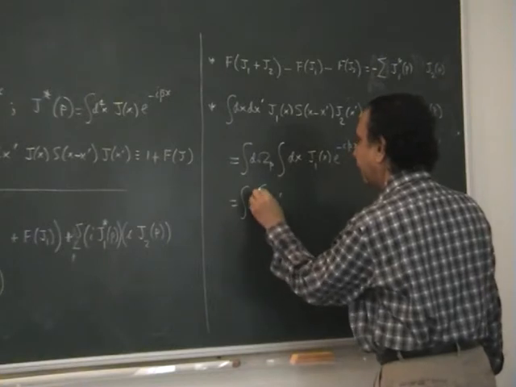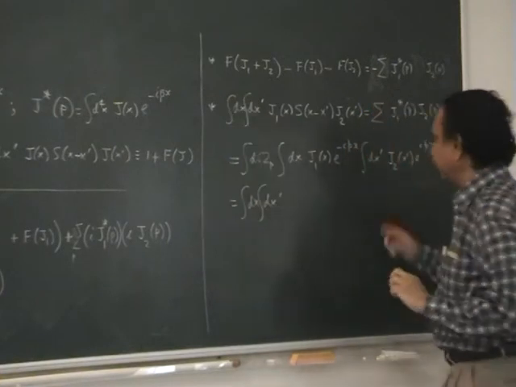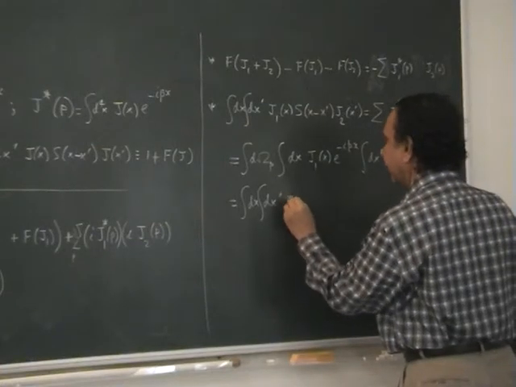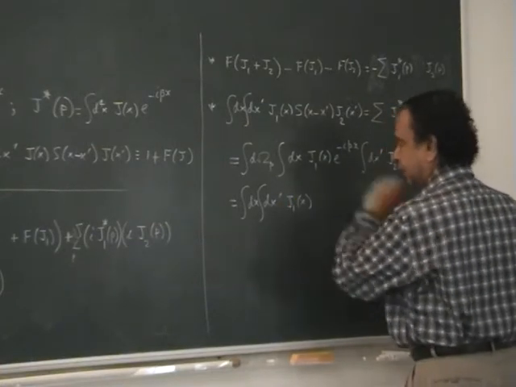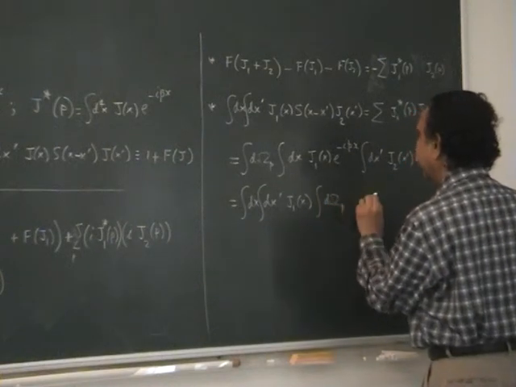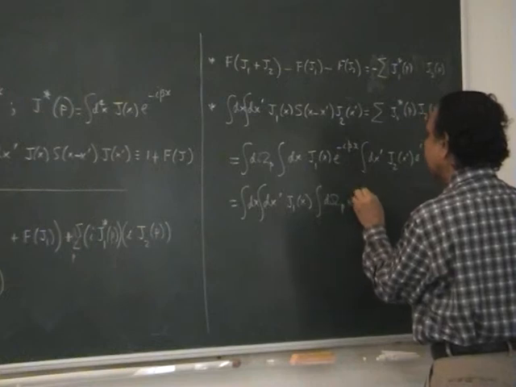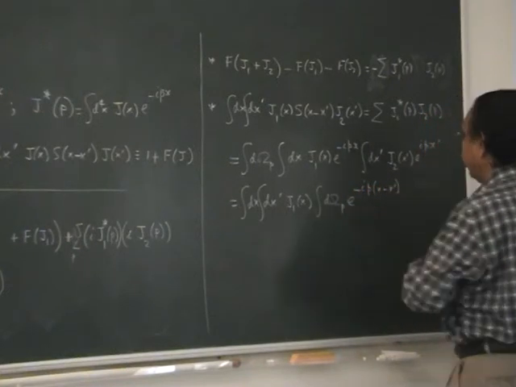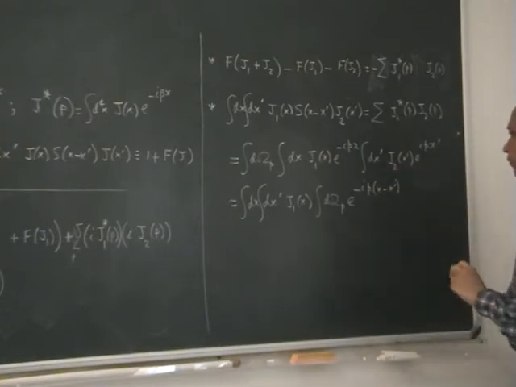So this is going to be integral over dx prime. Those are taken care of. Then I have a j1 of x. That is fine. Then I have an integral over d omega p of e to the minus ip times x minus x prime, that is taken care of.